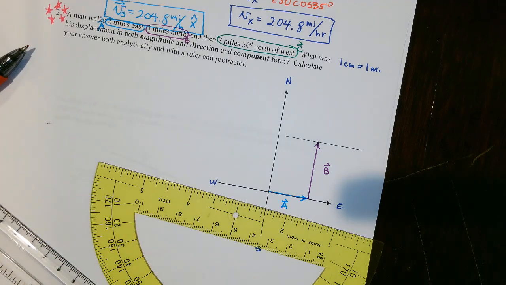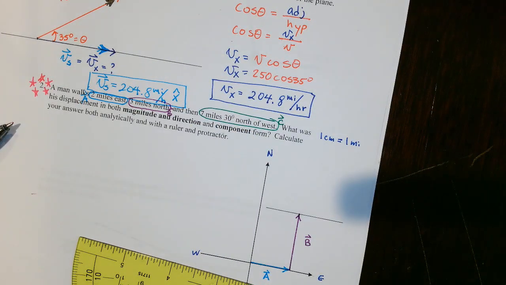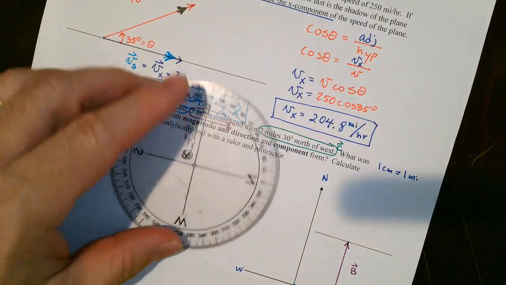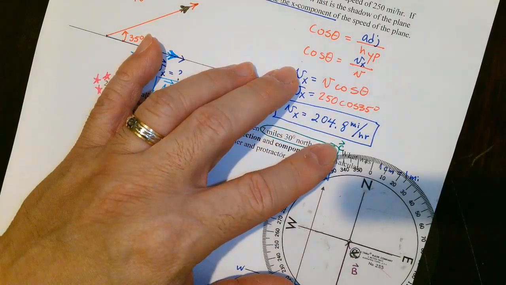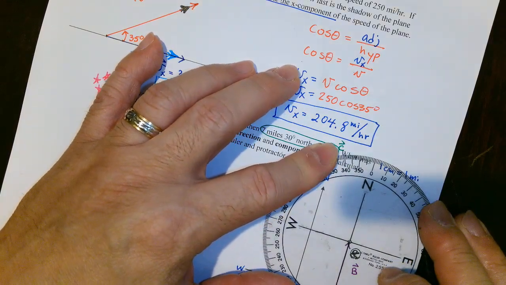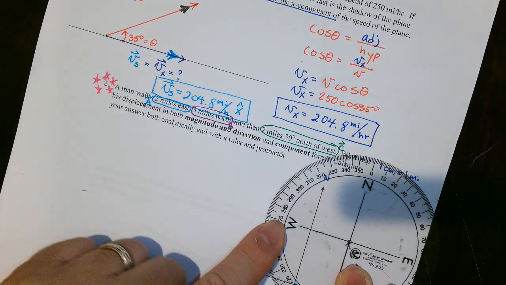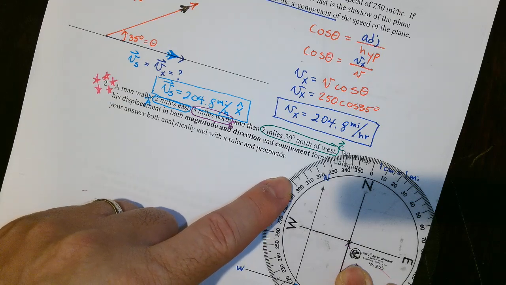So if I were to measure 30 degrees, if I can find my protractor, oh, there it is. So 30 degrees north of west. So from the west axis, I'm going to go 30 degrees towards north. So 10, 20, 30 degrees right there.